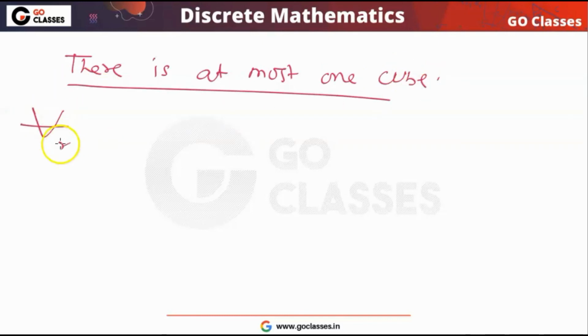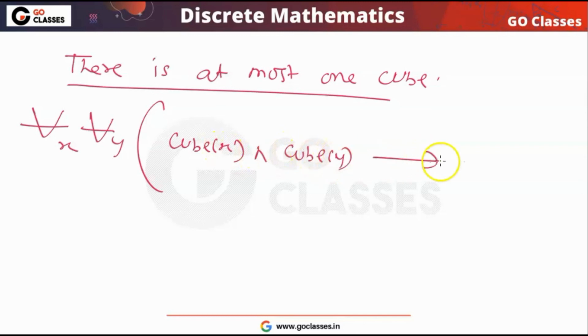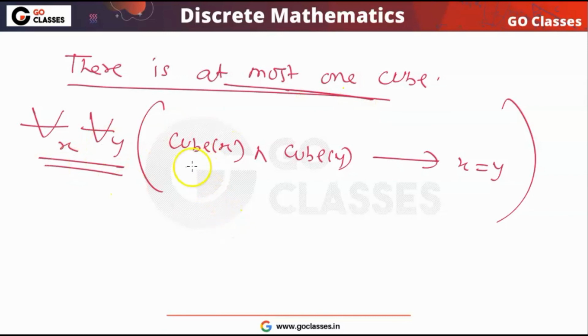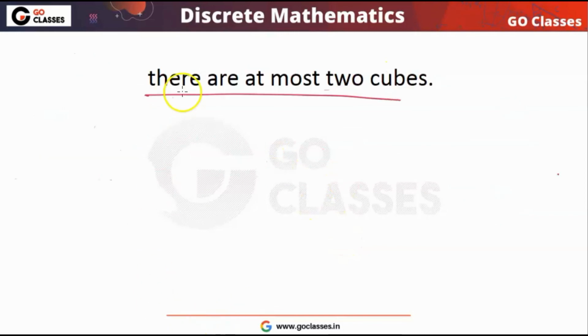It means for all x, for all y, if x is a cube and y is a cube, then x must be equal to y. Right? There is at most one cube, so for all x, for all y, if they are cubes, then they must be the same. Now you can notice there are at most two cubes.